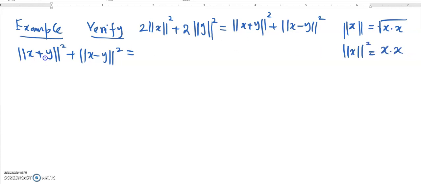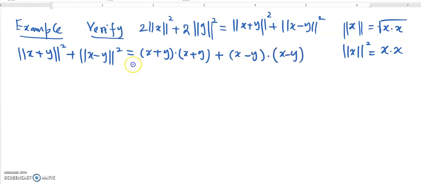Similarly for x plus y square, its norm will be x plus y dot x plus y, and then for x minus y, x minus y dot x minus y.